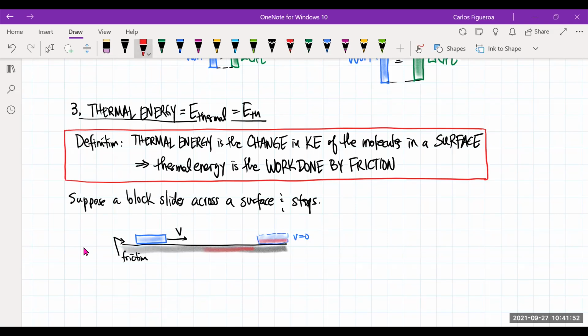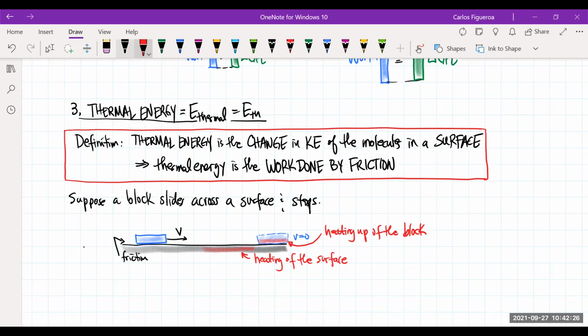This here is the heating up of the surface, and this right here is the heating up of the block. When you see that, it means that there is a change in the kinetic energy of the molecules.